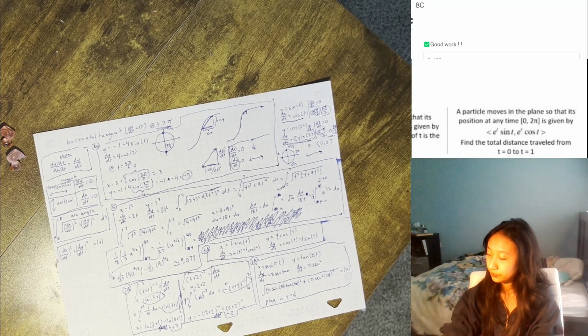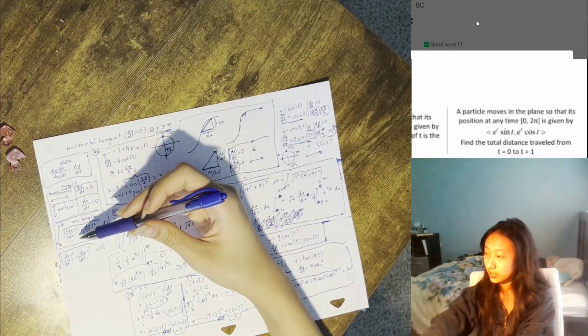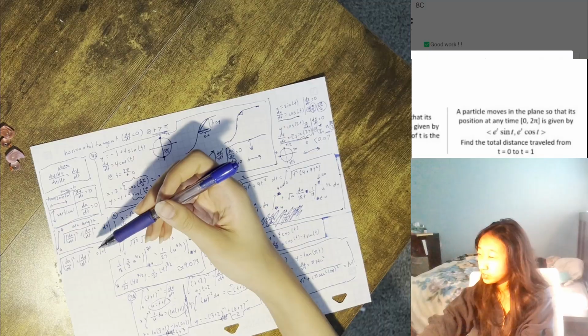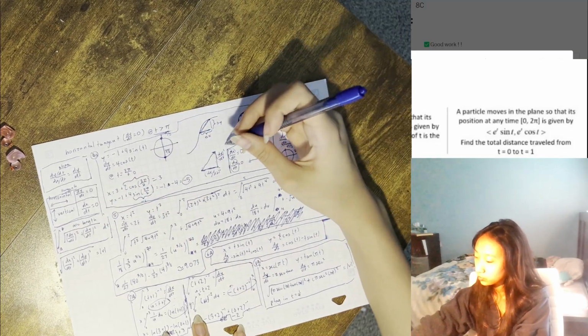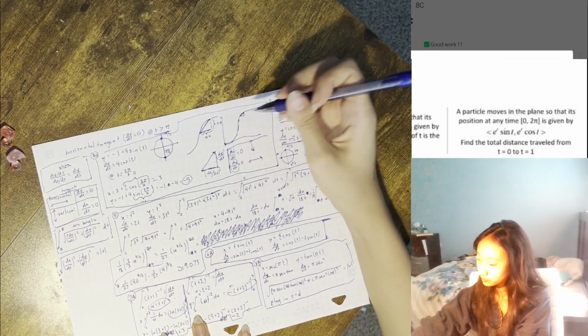For 8C, all they want you to use is once again this arc length formula. They're giving you these equations for position, and they're telling you that the dot is somewhere in the plane.